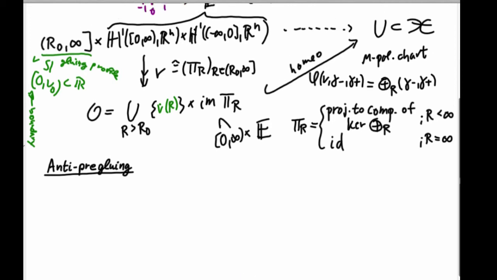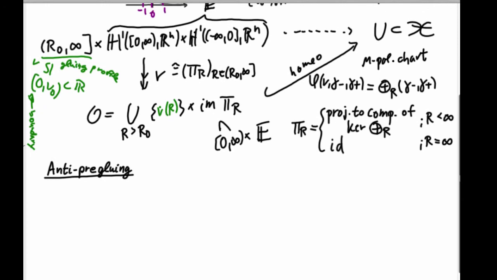So this is the implementation of pregluing as an M-polyfold chart map now. We're going to have to find this splicing, so we're going to need to make this family of projections scale smooth, and then pregluing is continuous from here to there.